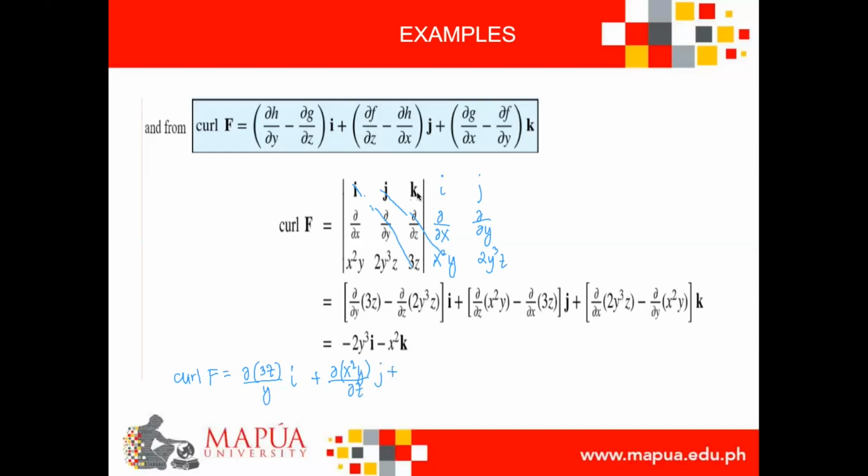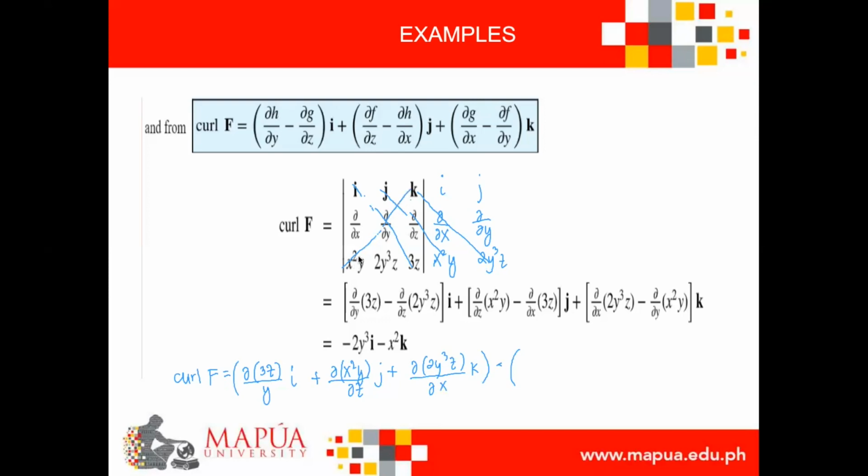Then plus we have here partial derivative of the function 2y cubed z all over partial derivative with respect to x times k. Then we now perform the other multiplication. So this is minus. It's like finding the determinant of this matrix, like in your linear algebra.